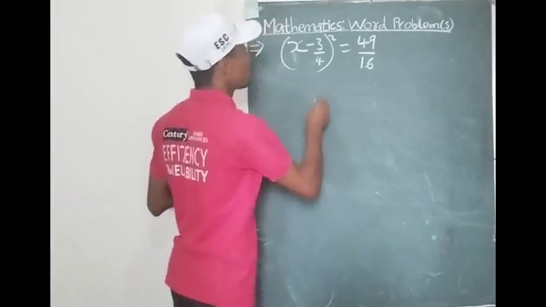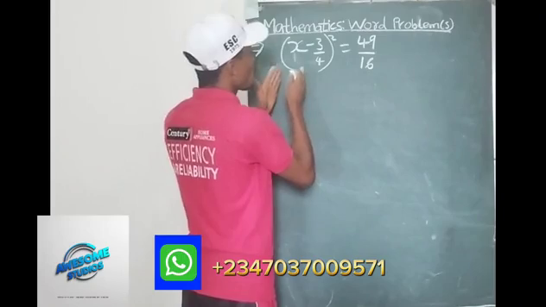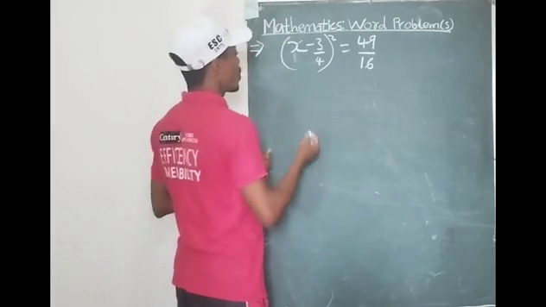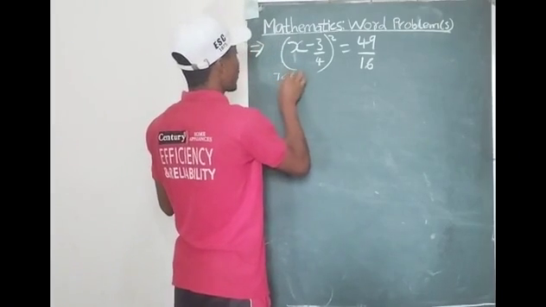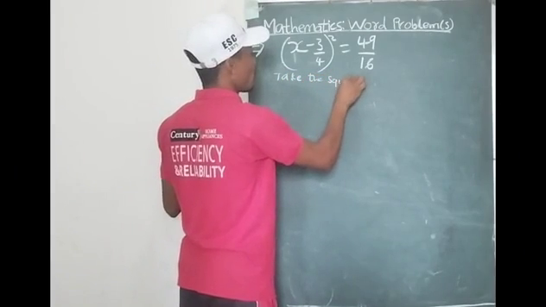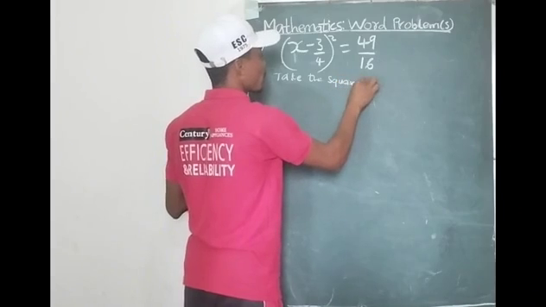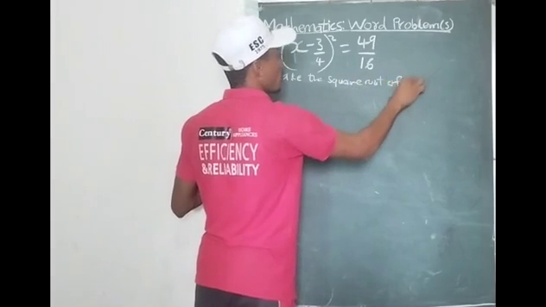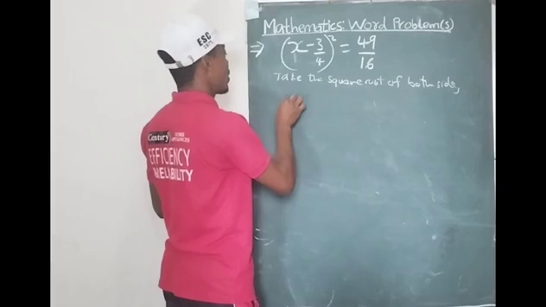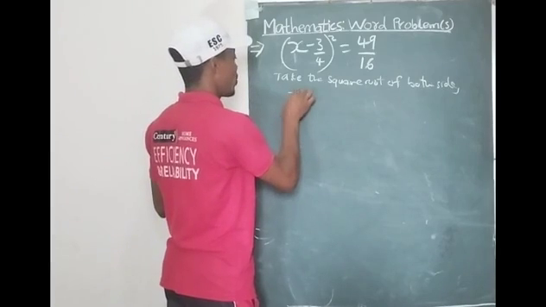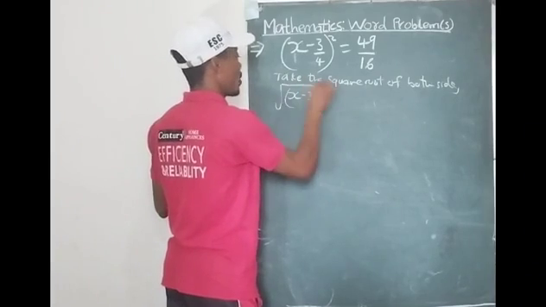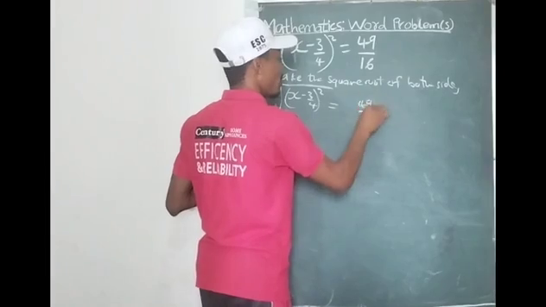Proceeding from there, we are aiming at making x stand alone. Doing that, take the square root of both sides. When you take the square root of both sides, this is going to be x minus 3 all over 4 all squared, and this is 49 all over 16.